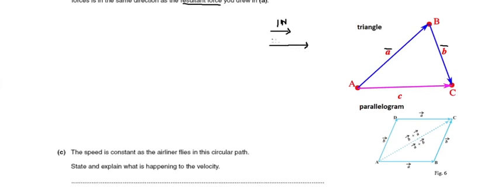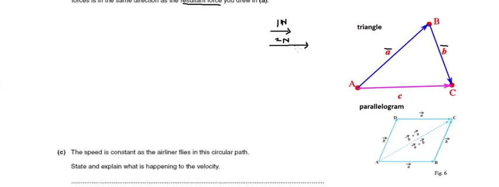Okay, this will be the 2 Newton. So this line is showing the magnitude of the vector. If this is 1 Newton force with a 1.5 centimeter line, then a 2 Newton force should be a 3 centimeter line.